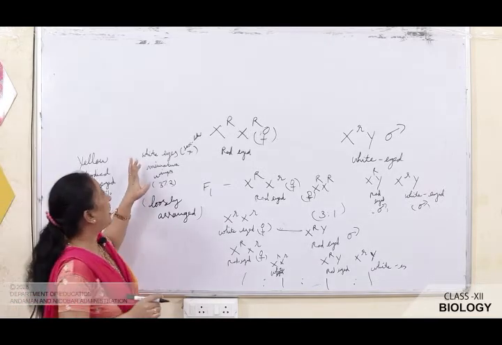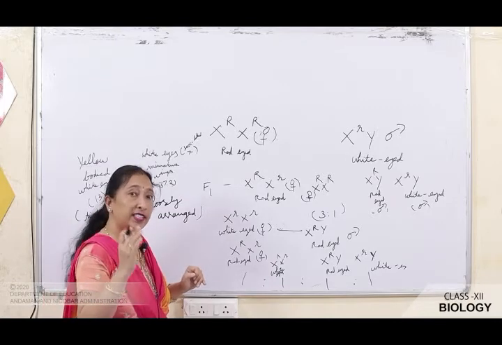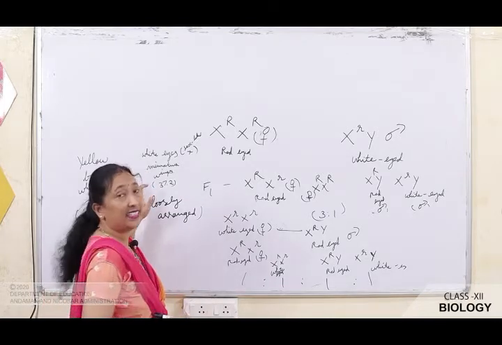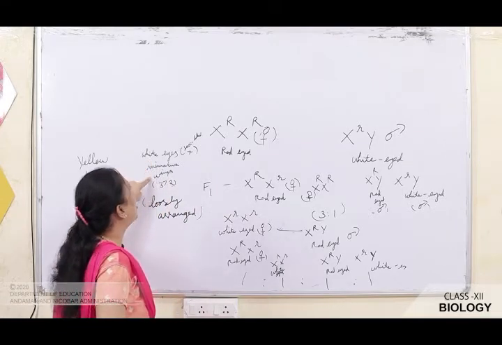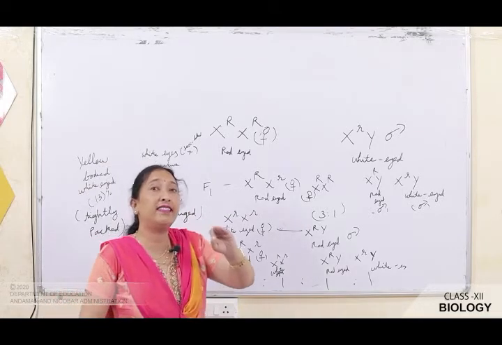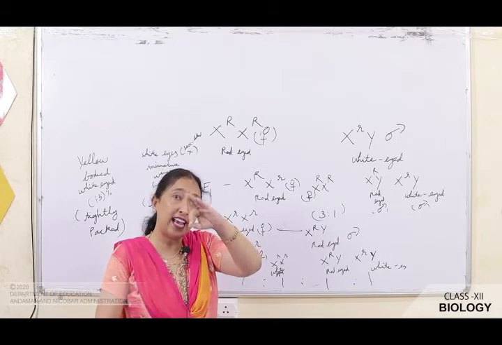So why are the genes loosely arranged in the white-eyed miniature wings and the recombination rates high? Because it is a sex-linked inheritance, and the white eyes and miniature wings are carried in the X chromosome.